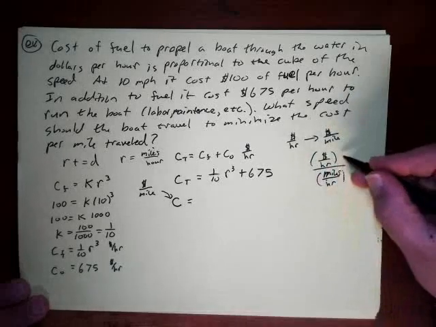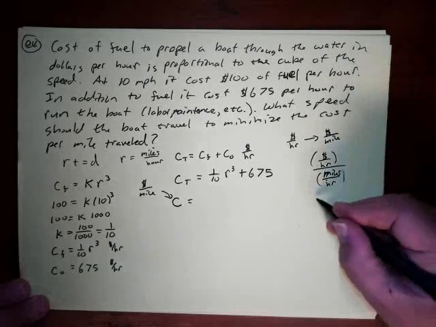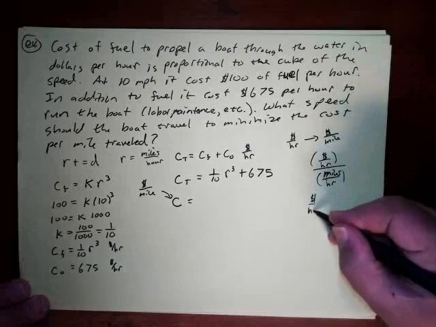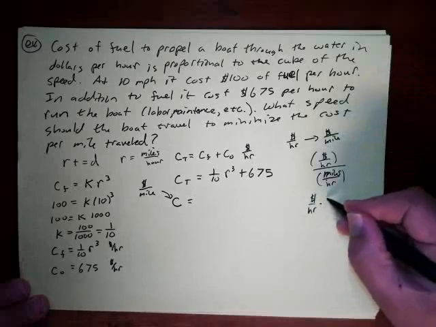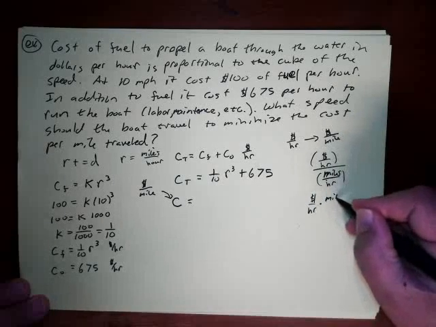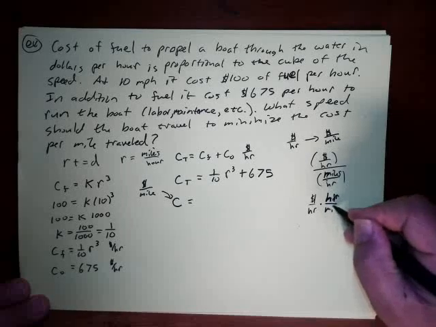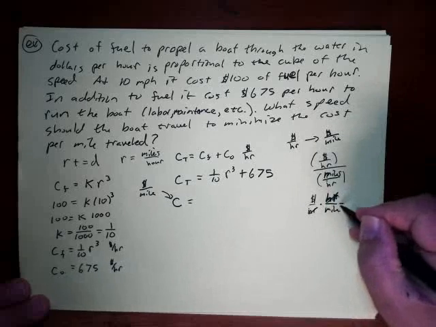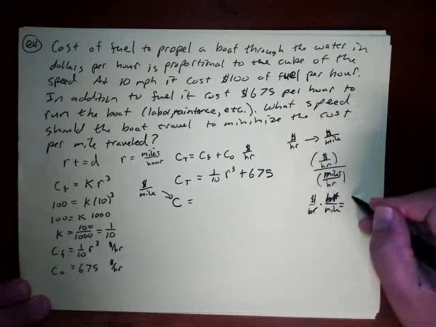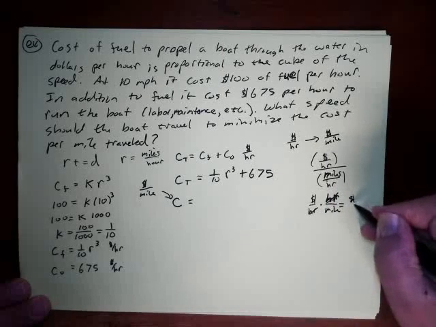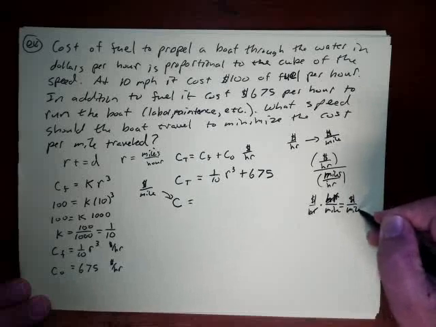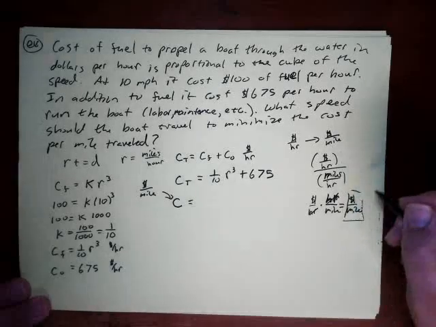Then if I invert and multiply, the hours cancel out. I would have hours per mile. These would cancel out, and it would give me dollars per mile. And that's what I want.